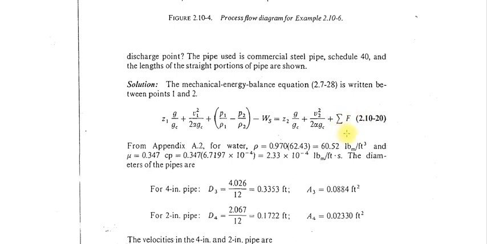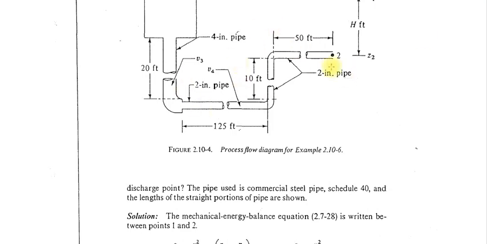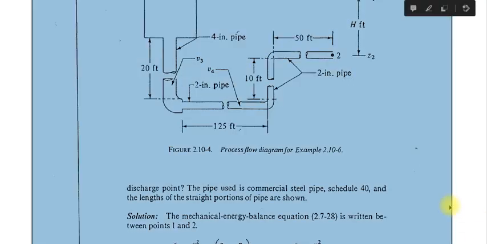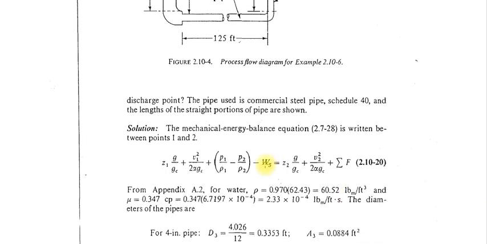So in this equation, what are the given things? First we have to take what is given. You have to calculate Z1 minus Z2. Minus Ws, there is no pump used in this system, so Ws will be 0. Now come to P1 minus P2.